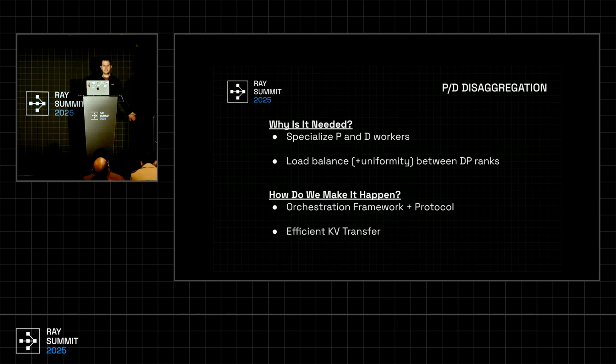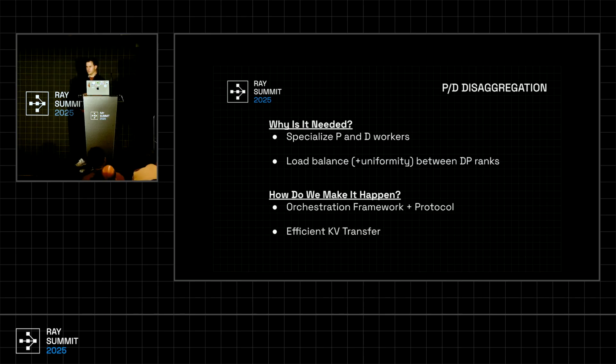But what is PD? So why do we need to do PD disaggregation? So with PD disaggregation, the key idea is that we're going to have 2 nodes of vLLM, one that's specialized for prefill work and one that's specialized for decode work. This is really needed for 2 reasons.